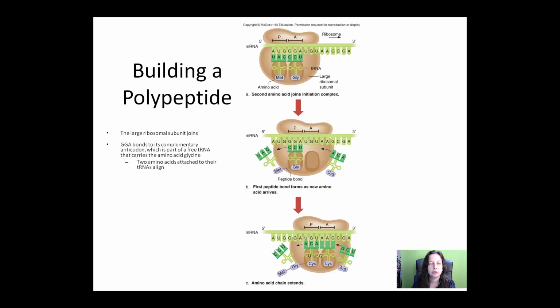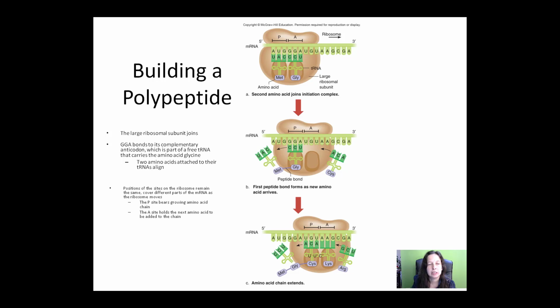Now let's talk about building a polypeptide. The large ribosomal subunit attaches. It has 2 sites, a P site and an A site. The P site bears the growing amino acid chain, and the A site holds the next incoming amino acid to be added to the chain. In this example, the first amino acid was methionine, and now we have a codon called GGA.